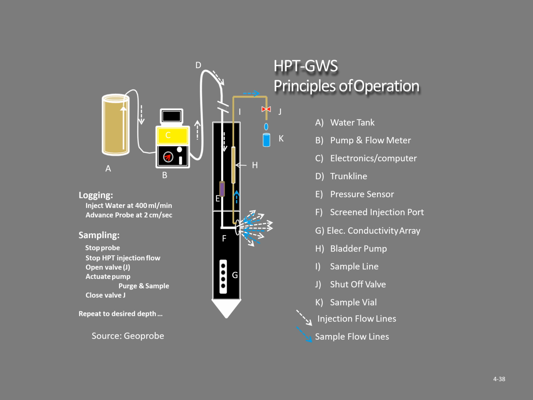If you see a zone that you're interested in sampling, you're then able to stop the probe, purge the system of the water that was injected, and then collect a sample that is pumped with this bladder pump up to the surface and into your sample bottle.